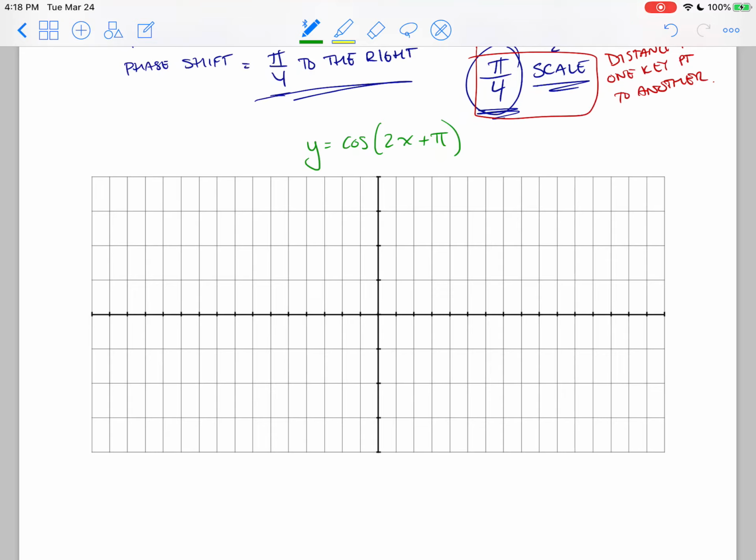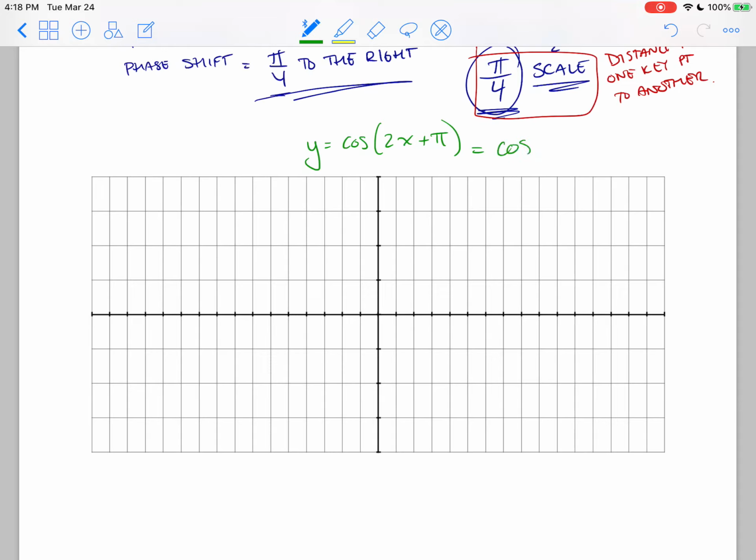Instead of the x-axis being the center of my wave, y equals 3 would be the center of my wave. However, I'm never going to ask you to graph something like that. And if I do, you can call me a liar and I'll just give you the points, okay? So let's instead just focus on cosine of 2x plus pi.